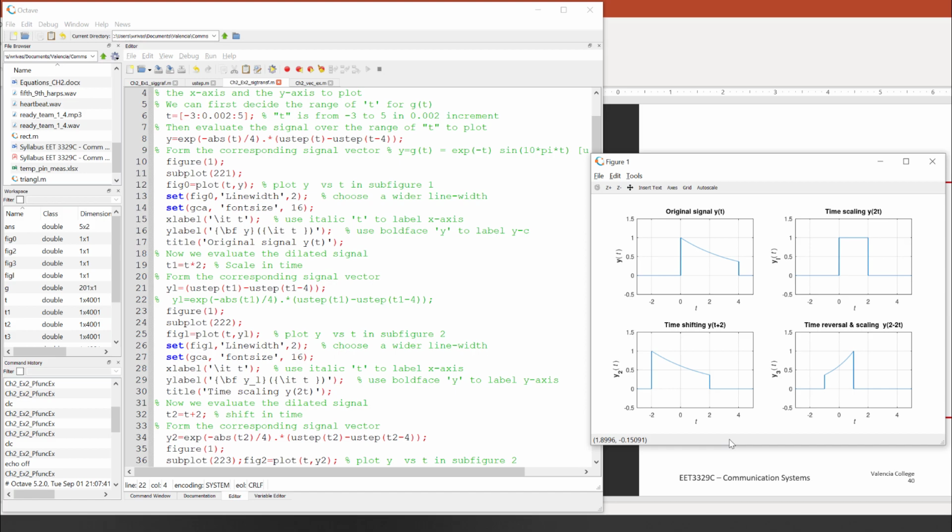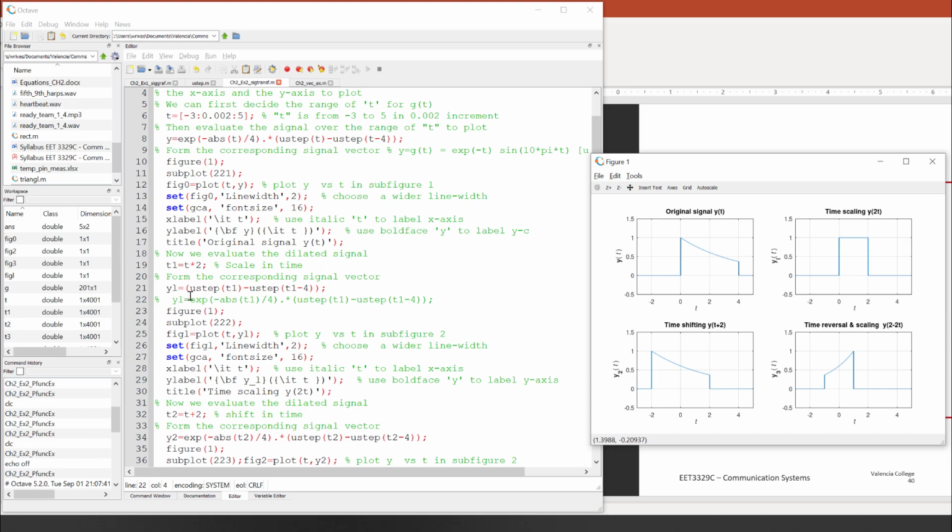Hmm? Oh, I did it to y1. I'm sorry, I didn't mean to do that. I meant to do it at y. Where is it? Oh, y is all the way up here. No matter. If you look carefully at the upper right-hand side, this is u of t minus u of t minus 2.